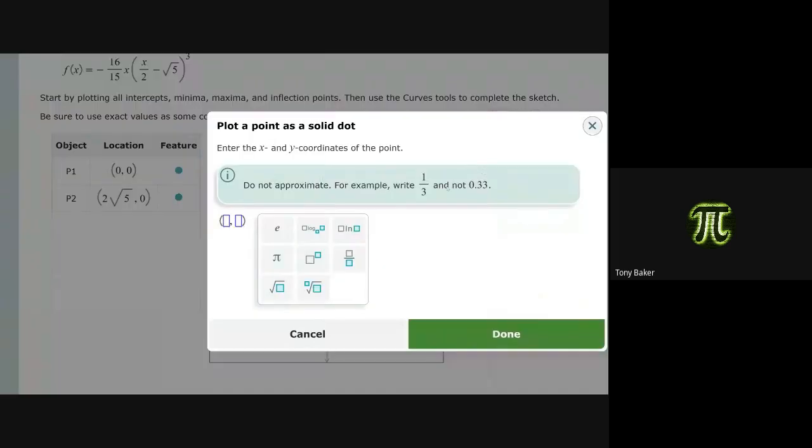So my next point is going to be square root of 5 over 2. And it was 45 over 8.